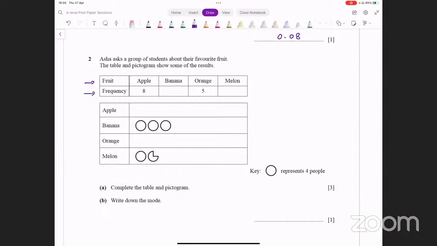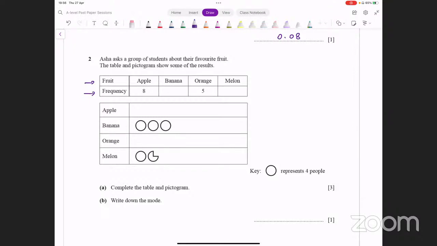So she's asking different people. The number of people who tell her that their favorite fruit is apple is 8. So 8 students tell her कि उनका favorite fruit apple है, right? 5 of them tell her कि उनका favorite fruit orange है, and so on. Okay, ये चीज यहाँ पे इस तरह से pictogram में भी उसने represent की हुई है नीचे.